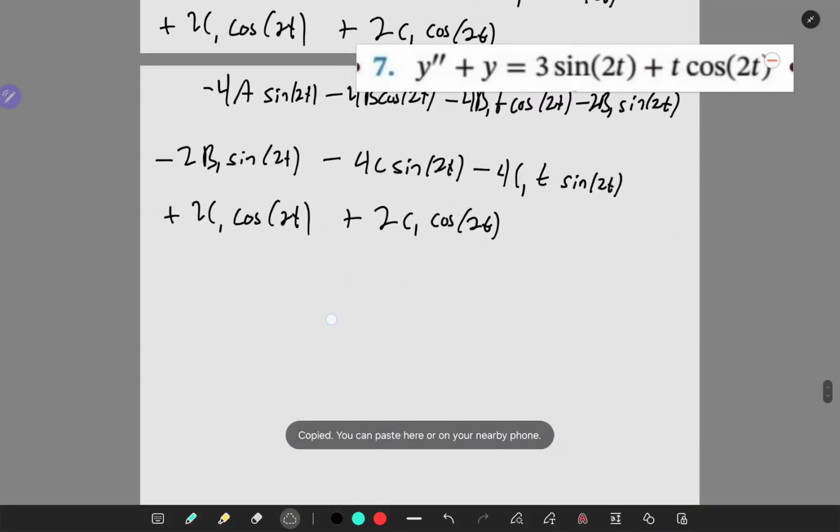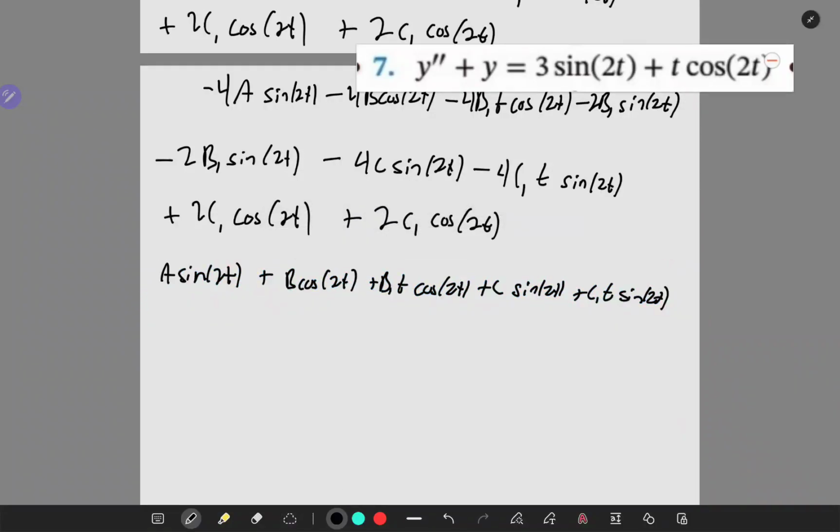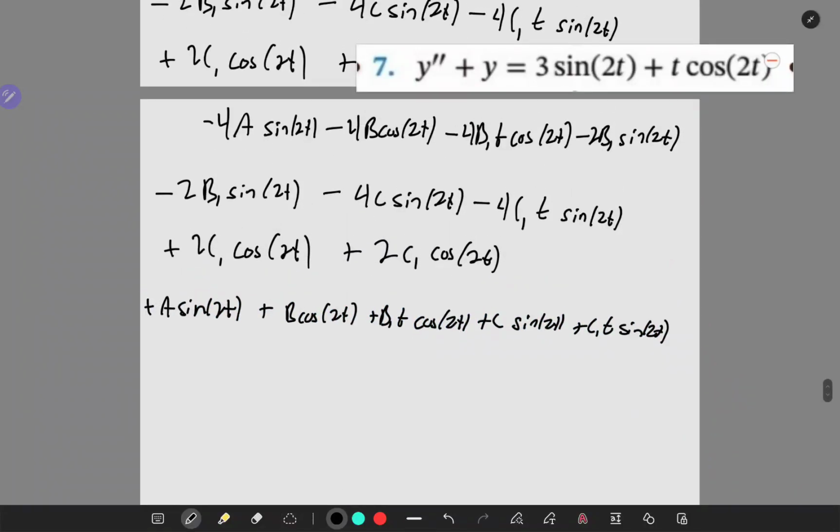I wish you could do this with paper, right? And then add this to this, basically. So this is our whole thing, is equal to 3 sine of 2t plus t cosine of 2t.